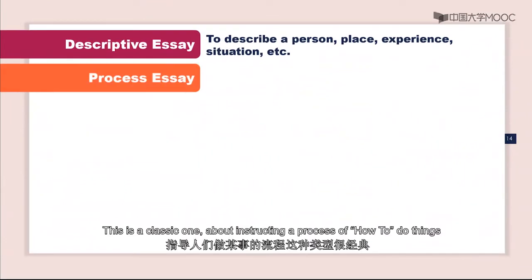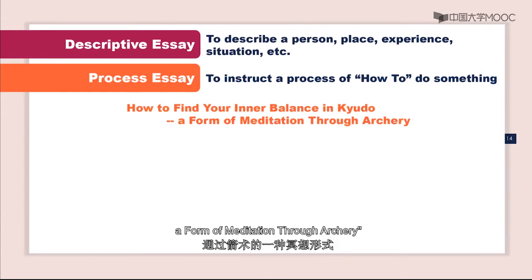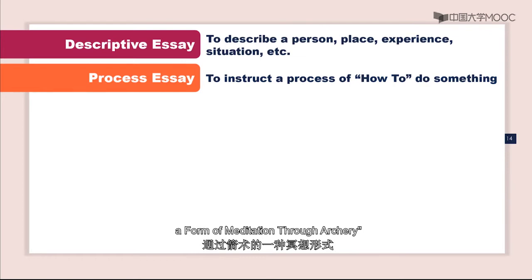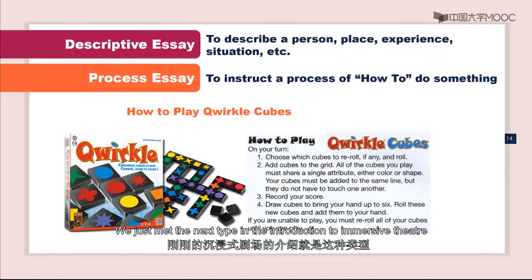This is a classic one about instructing a process of how to do things. For example, how to find your inner balance in Kyudo, a form of meditation through archery, or how to play croco cubes. We just met the next type in the introduction to immersive theater.